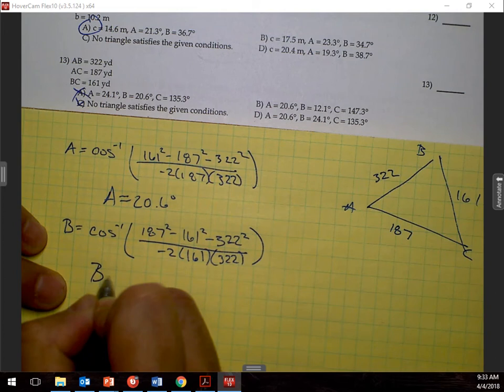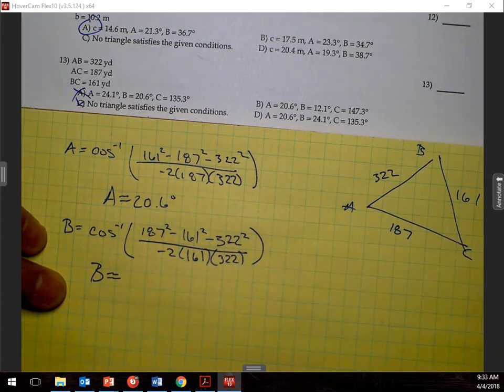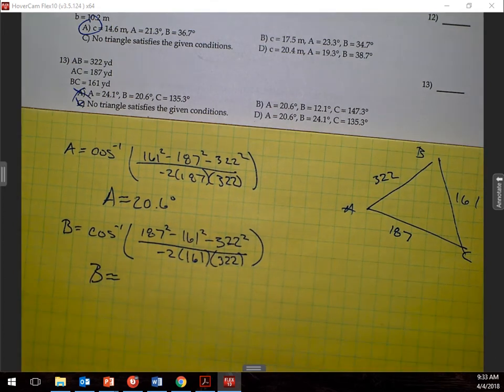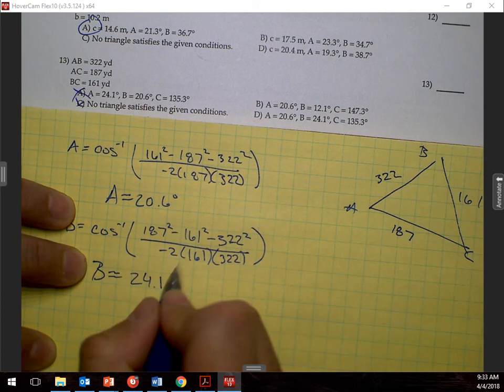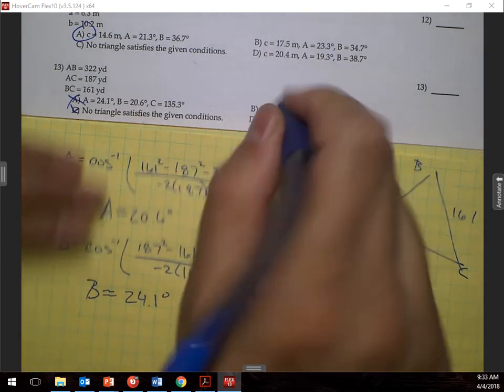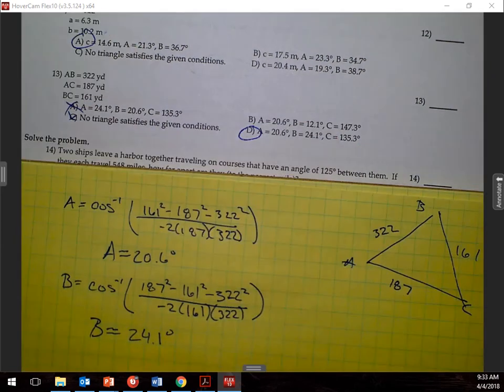So big B is about... There we go. So my answer has to be D. There we go.